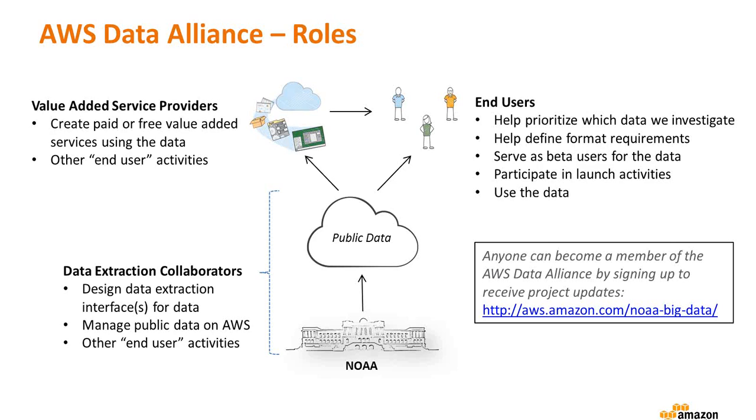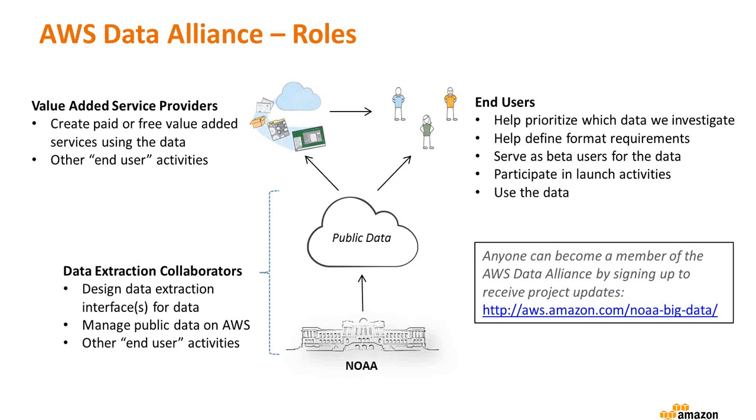And so we are looking to a smaller set of customers to help us with designing the data extraction interfaces to push that data out to AWS, to then also help to manage the public data on AWS.